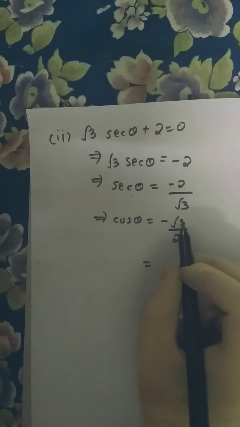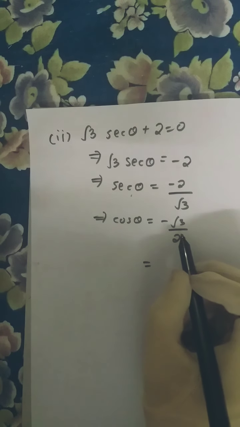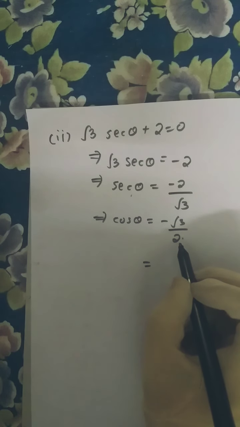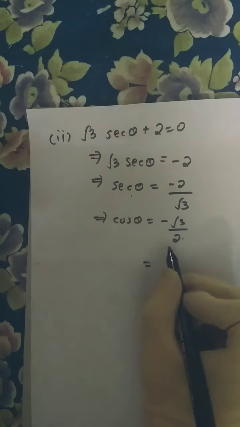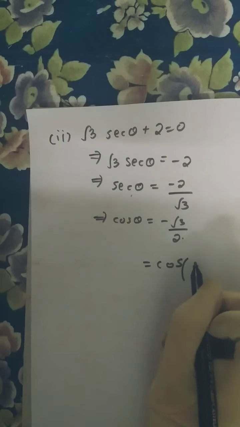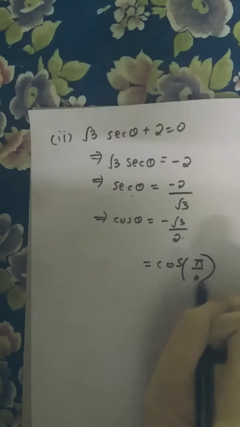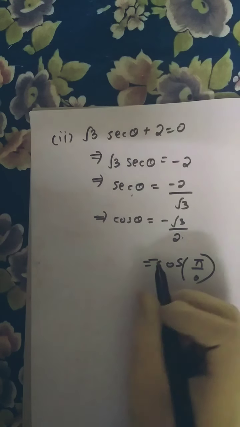And I know root 3 by 2 is what? It is cos of 30. Cos 30 is root 3 by 2, or it is also in terms of pi by 6. Pi by 6 is 30 degrees. So I can write cos pi by 6, and also I have minus here, so minus cos pi by 6.